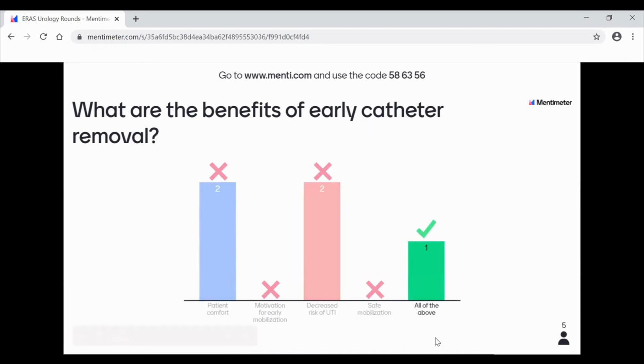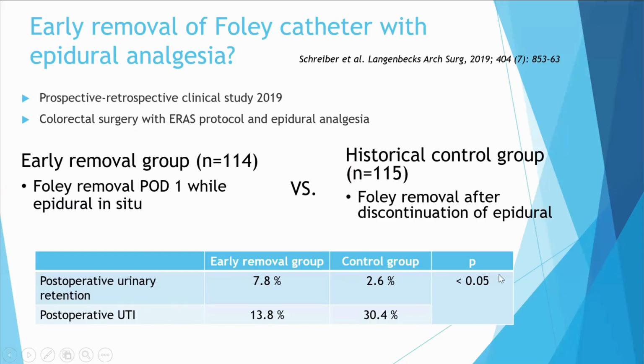Okay, so benefits of all of the above, we have one person choosing that. Patient comfort, 2. Okay, decreased risk of UTI. Okay, good. We'll switch back. I think Tuomas is going to briefly talk about this slide on early removal of Foley catheter and epidural analgesia.